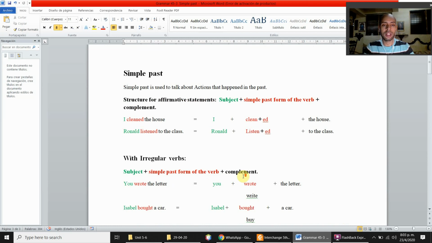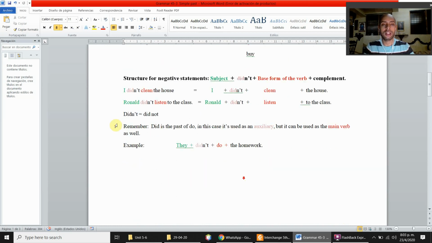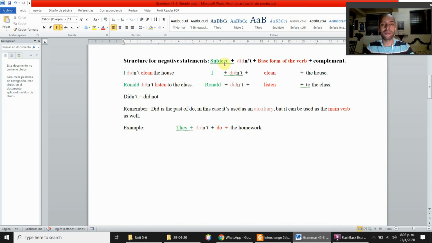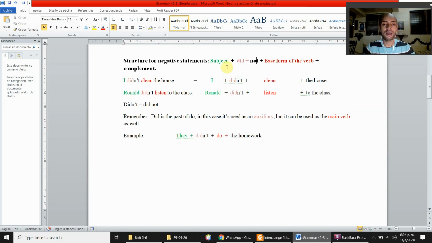So let's continue. The structure for negative statements. We begin with the subject plus the auxiliary did plus not, plus the base form of the verb plus the complement.